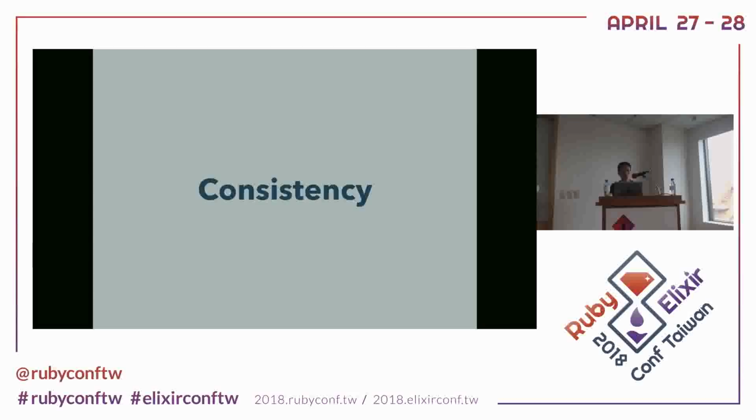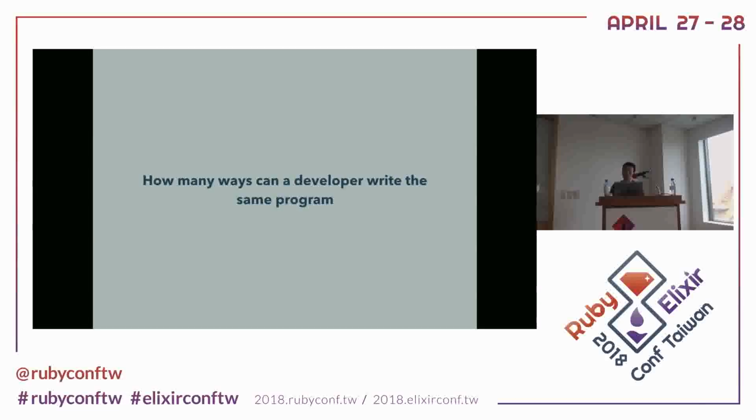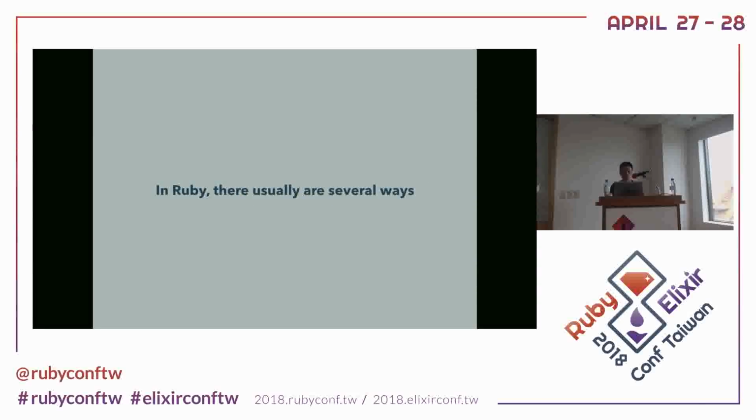And the next one is how we keep Gobi programs consistent. The consistency here means how many ways a developer can write the same simple program. In Ruby, there usually are several ways because Ruby is a very flexible language.